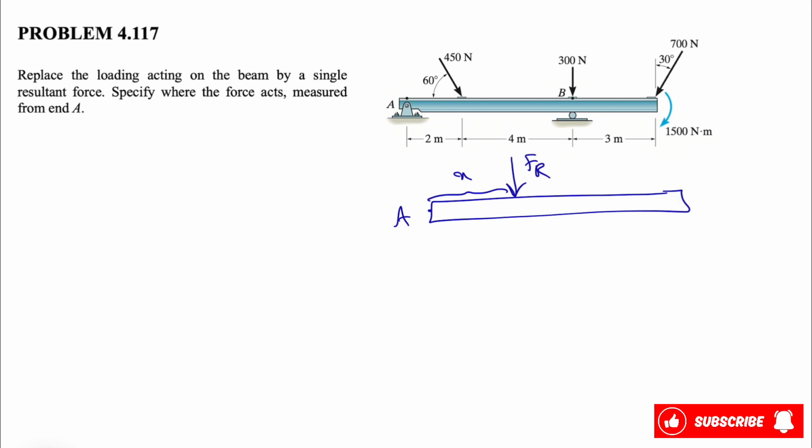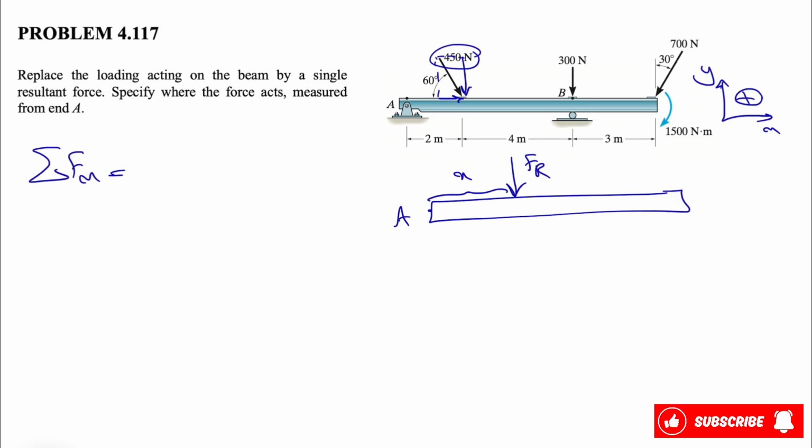So first of all, we need to find the sum of all forces, and let's call x and y in here. Let's start with the sum of all forces in x direction first. We have the x component of the 450 Newton force, which will be this component, and this will be our y.